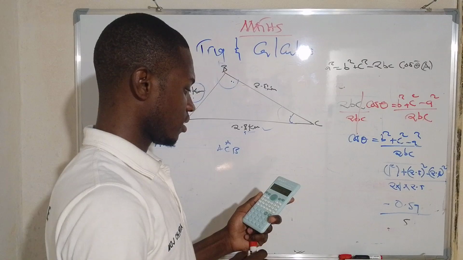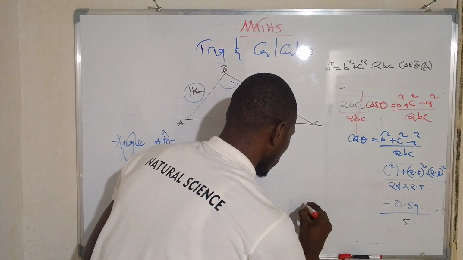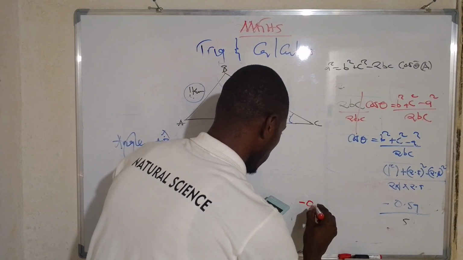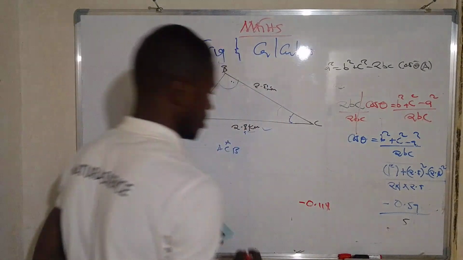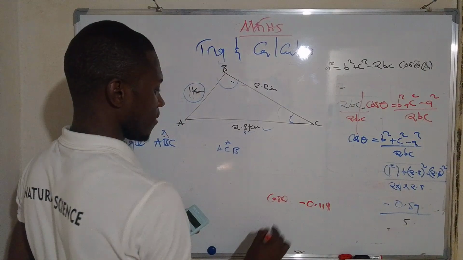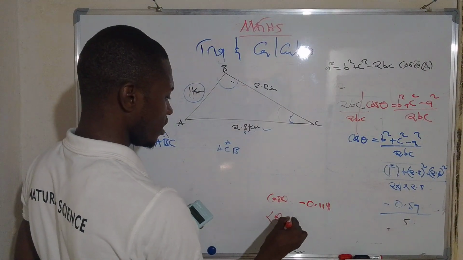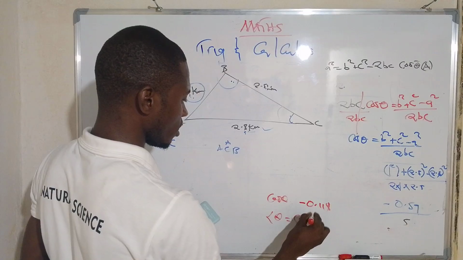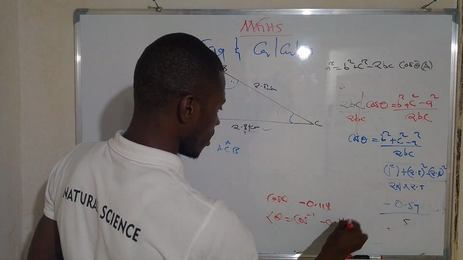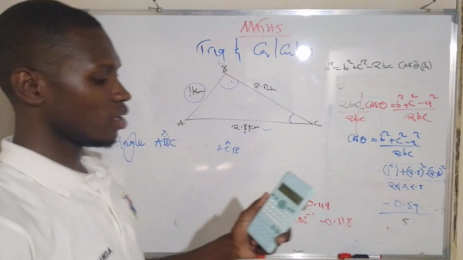What are we getting? So I get now negative 0.118. So this is what you call cos theta. Therefore, our angle theta is equal to cos inverse of negative 0.118.